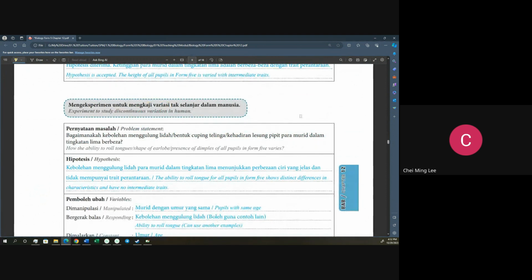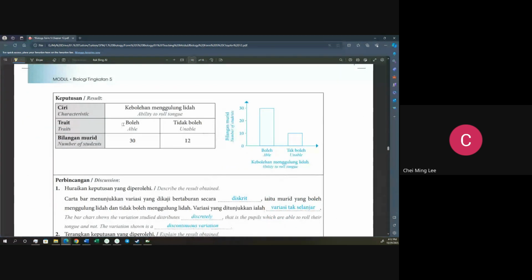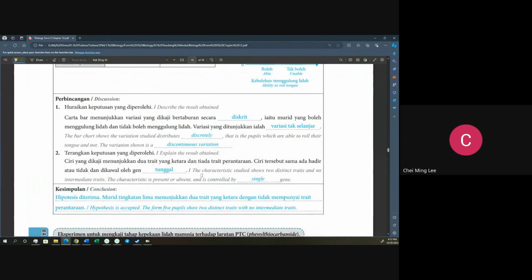And then this one is about the presence of your dimple and also rolling your tongue. The same way to do it. You will find out that there is only yes or no. From here, you can see from the bar chart that the variation is distributed discretely.